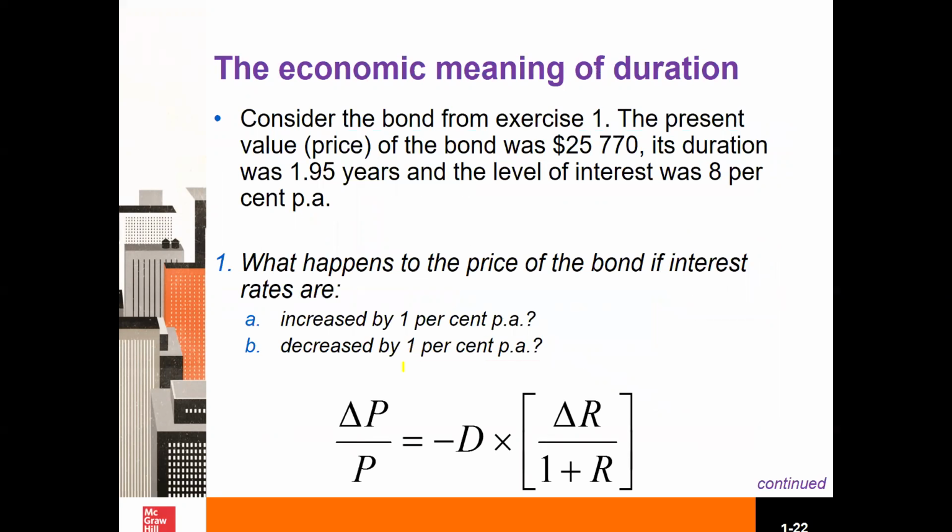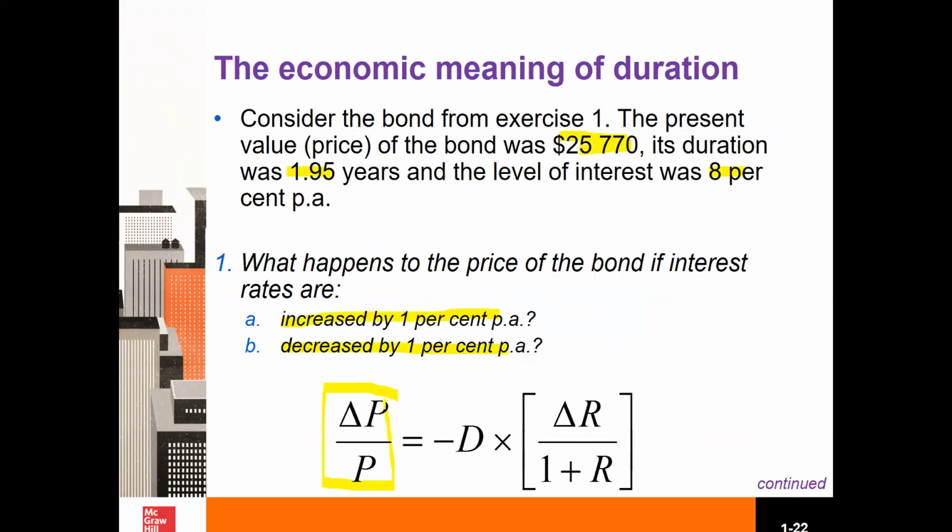Now look at this example here. Consider a bond that we have seen in exercise 1. The present value of the bond was 25,770. Its duration was 1.95 years and interest rate was 8%. Now, what happens to the price of the bond if interest rates increase by 1%, or decrease by 1%? You can remember this equation.